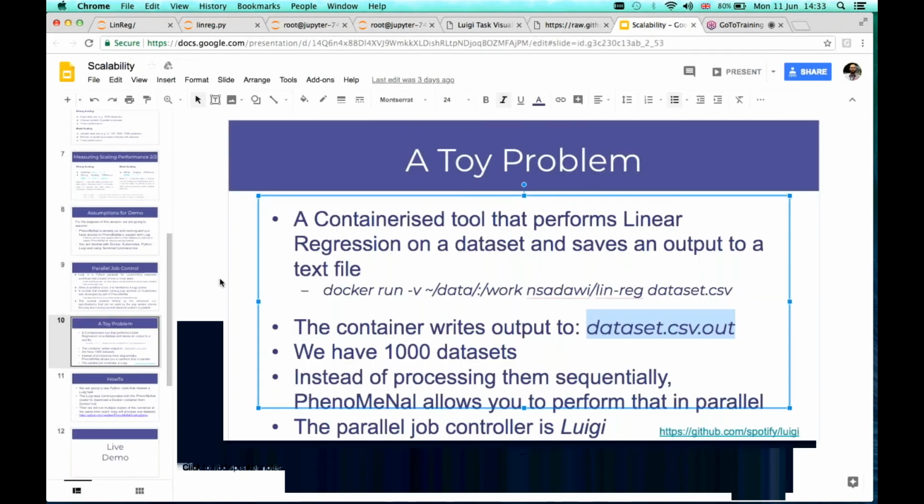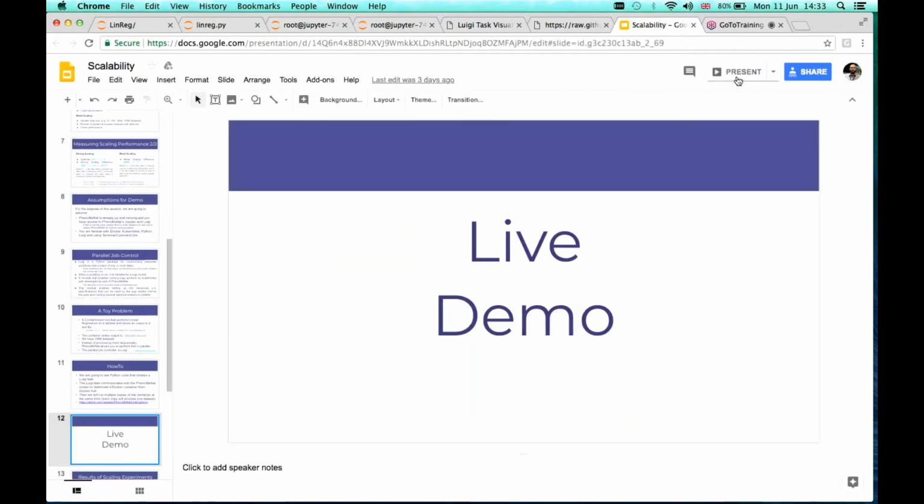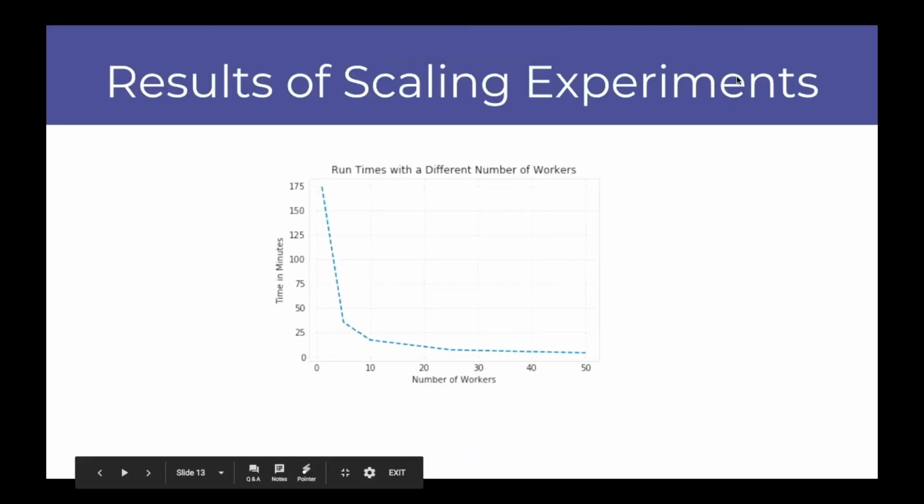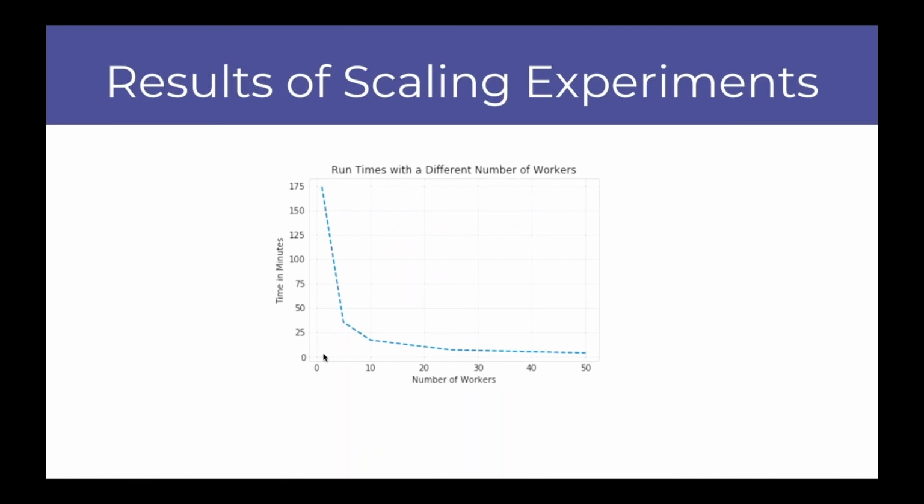Because what I've done is I have actually run or processed these 1,000 data sets using one worker only, so basically sequentially one task at a time, then 5 workers, 10 workers, 20, 30, and so on. And as you can see, as we increase the number of workers, we do save a significant amount of time.